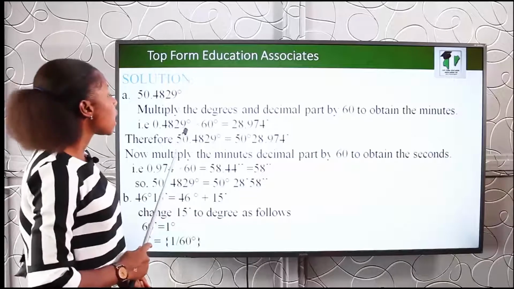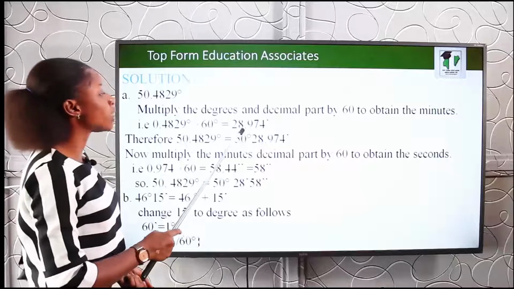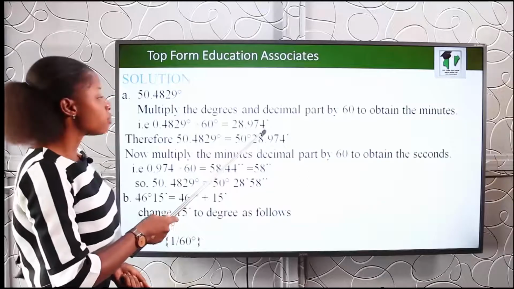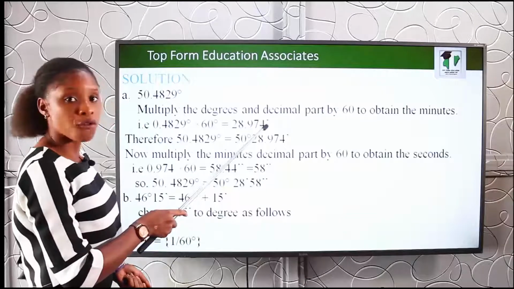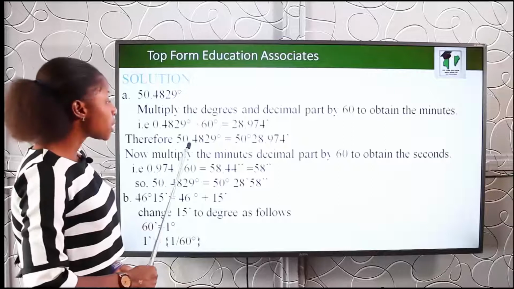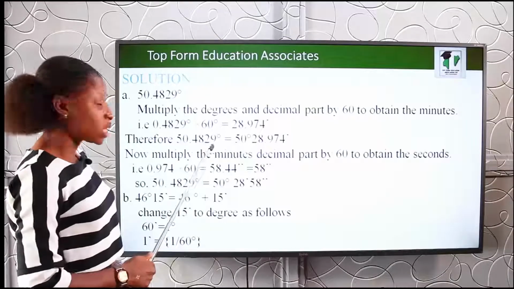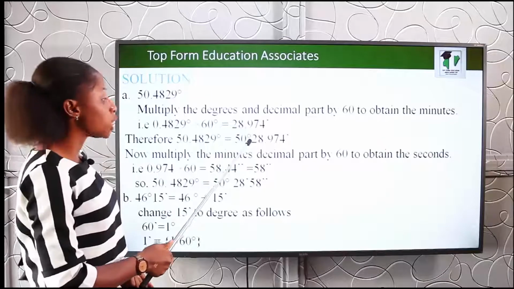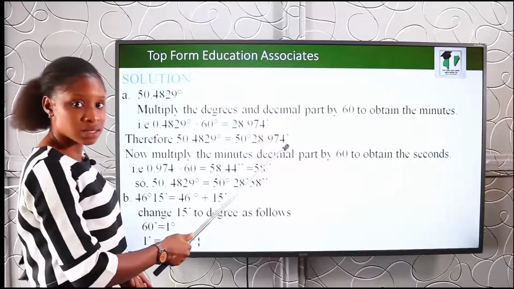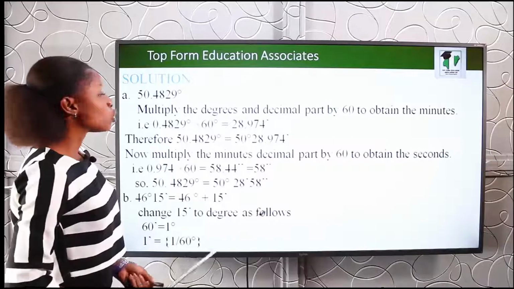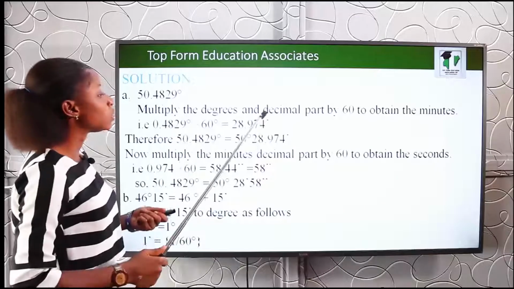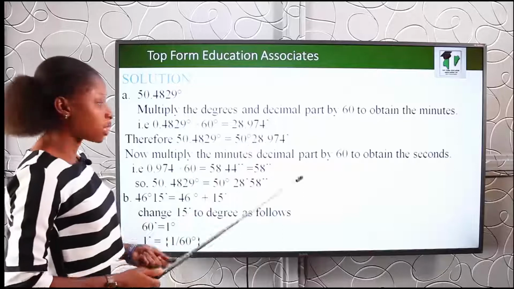And when we do the sum, we're going to get 28.974 minutes. Remember, this is a symbol for minutes. Therefore, 50.4829 degrees is equal to 50 degrees, 28.974 minutes.